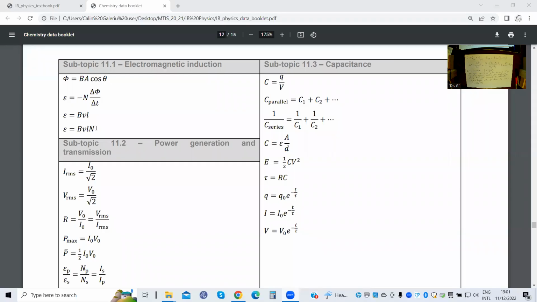E equals B V L N. So N is the number of wires.